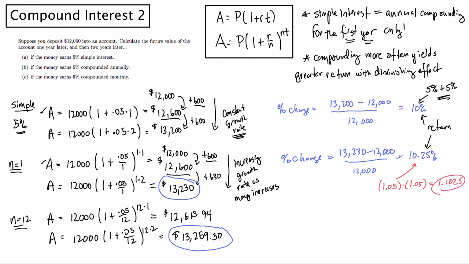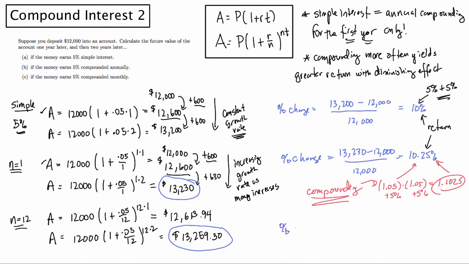And so you can see here that the 10.25% is the growth rate associated with compounding 5% for 2 years. The big difference is each of these represents a 5% increase, but I am multiplying them together to get the 10.25% return rather than adding them together to get a 10% return. So this is what's called compounding. So when we talk about compounding, we are talking about the mathematical process of multiplying the rates.